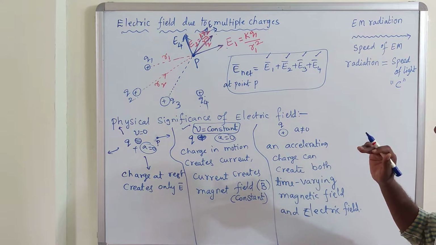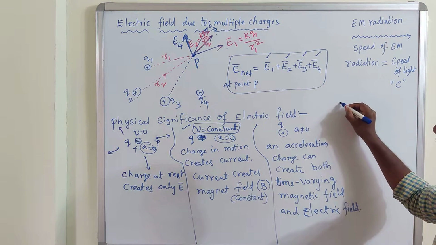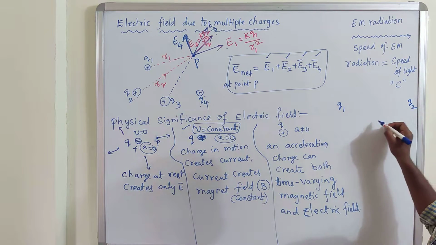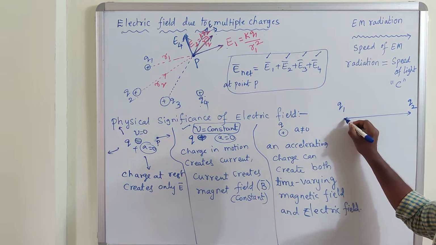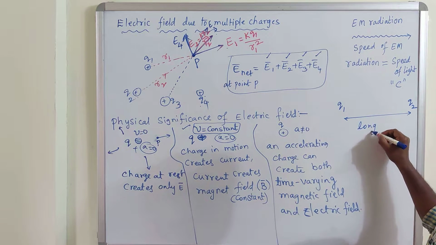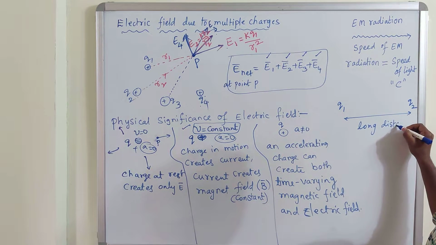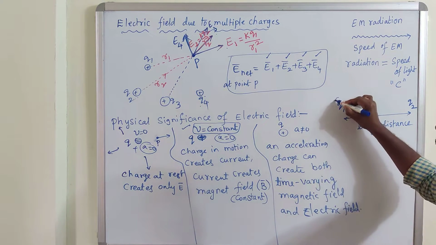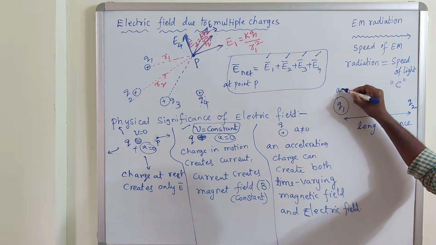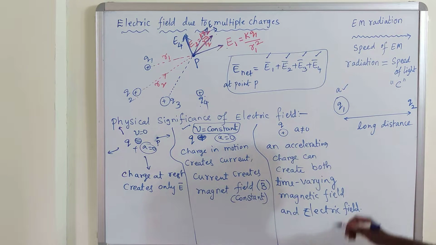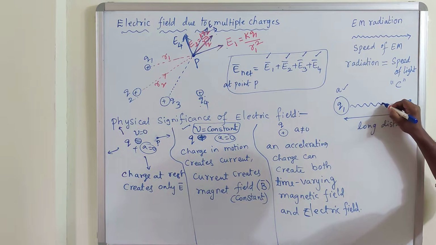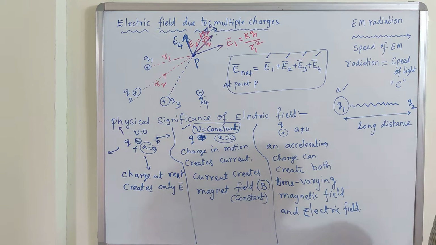సరే, if we have two charges, one charge is q1, another charge is q2. q2 is at a long distance from q1. q2 ఎక్కడ ఉంది? చాలా లాంగ్ డిస్టెన్స్ లో ఉంది q1 కి. అంటే if q1 is an accelerated charge, this q1 creates both time varying magnetic and electric field.